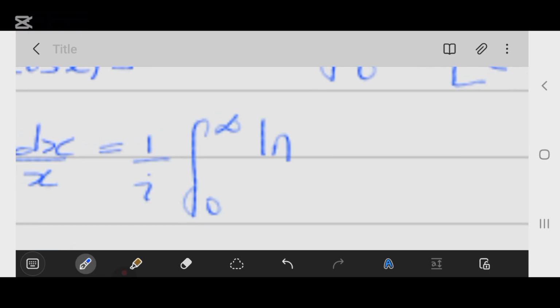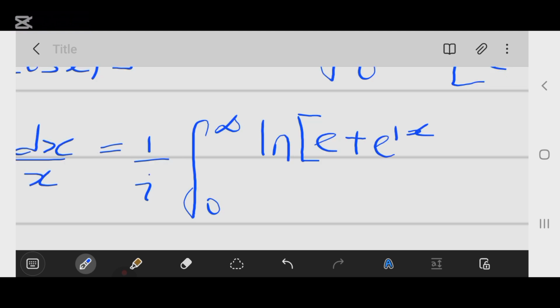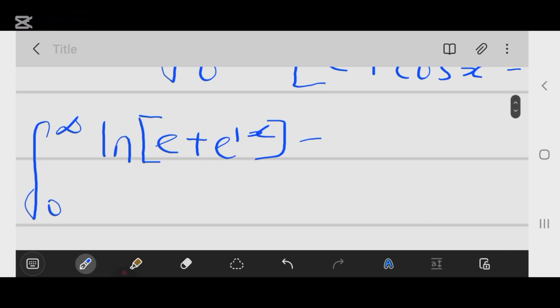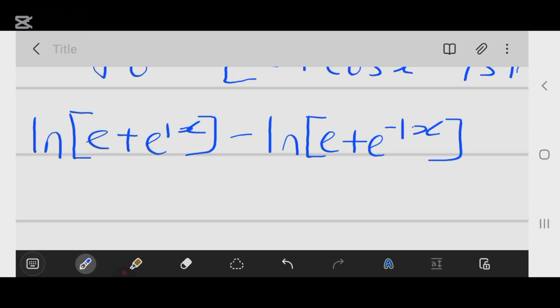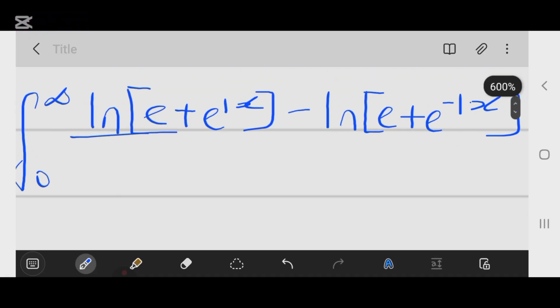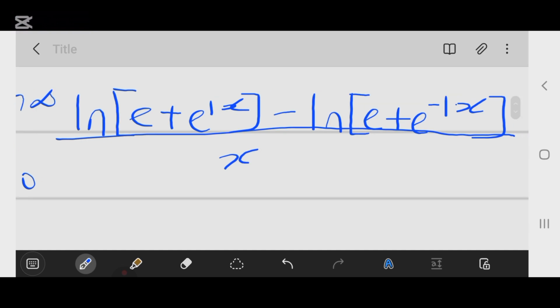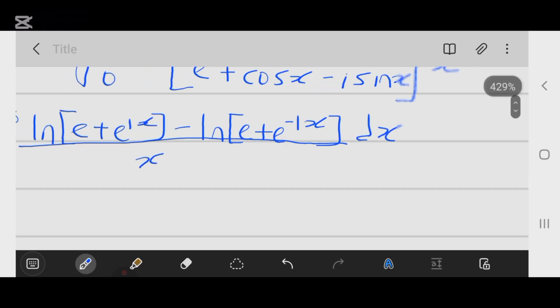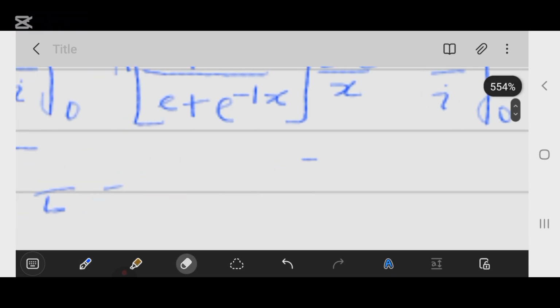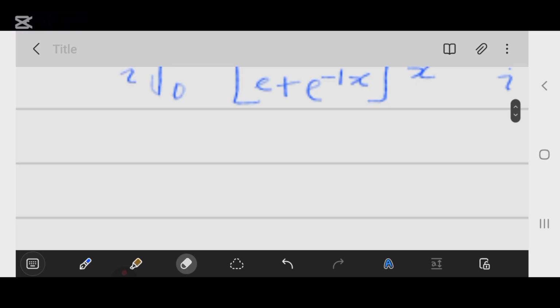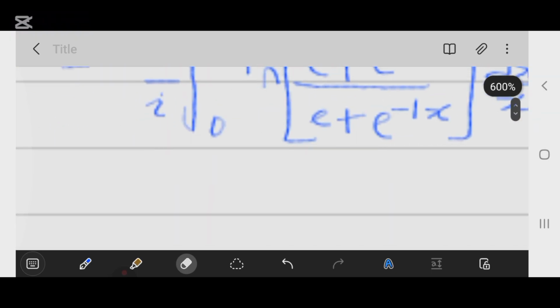Here comes its application. Now let me introduce a weird important step.